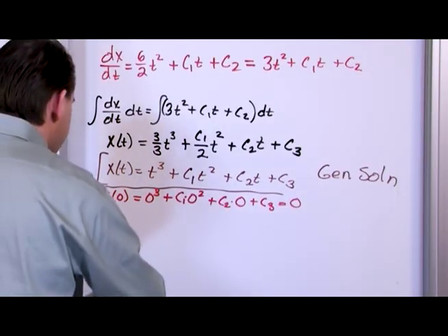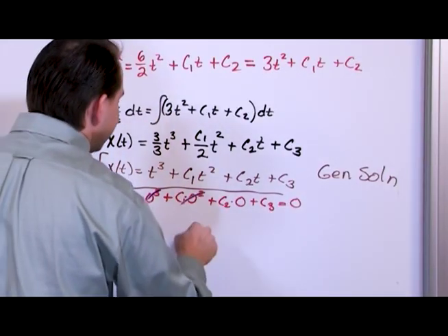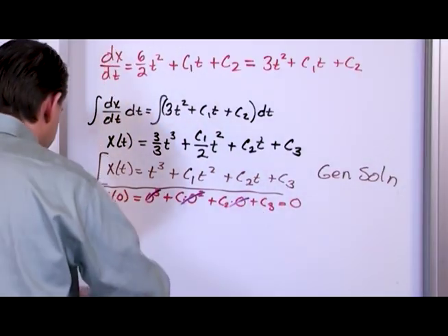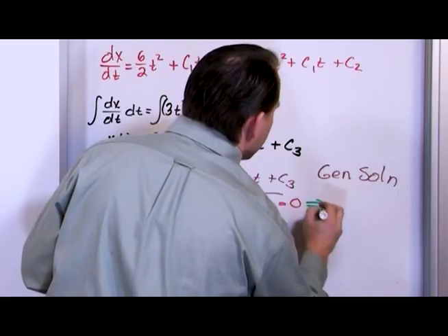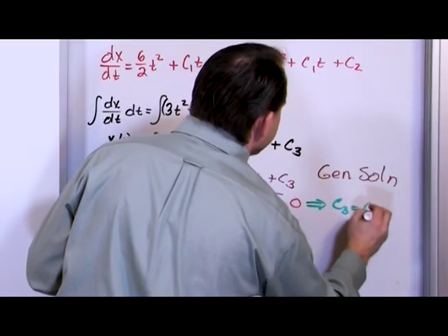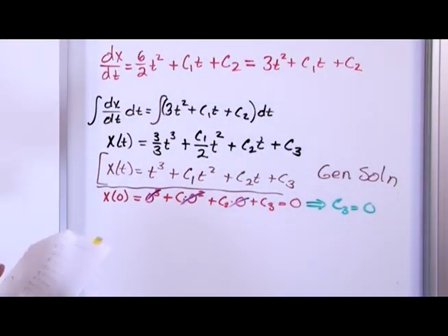And so that means nothing, that means nothing, that means nothing. And so at the end of the day, constant 3 is equal to 0.